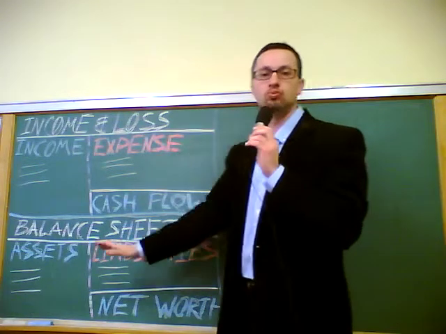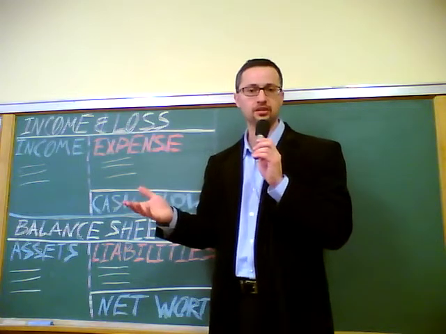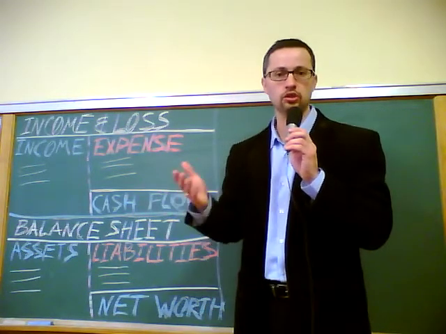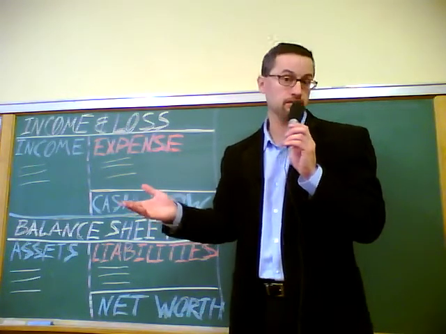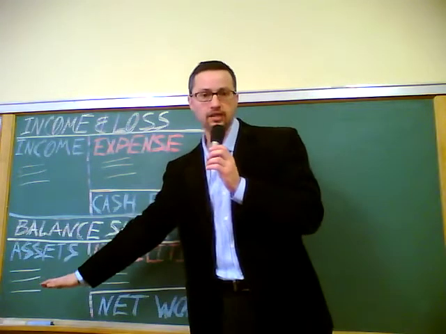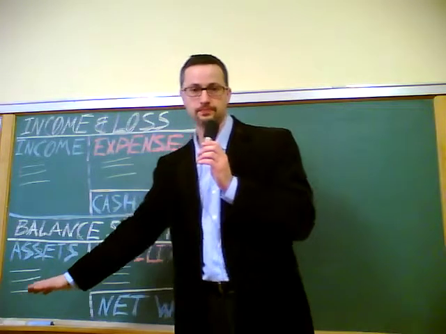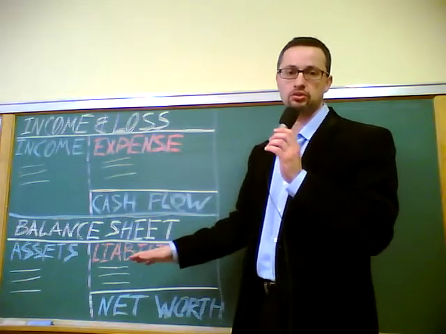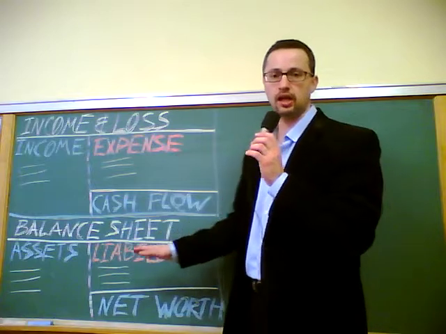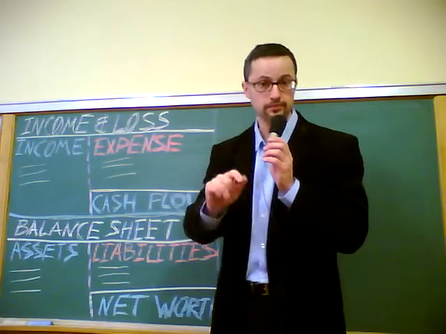Let's talk about what is an asset. Traditionally defined, if you ask your CPA, an asset is something of value that you can own. That asset would go into the asset column right here in the balance sheet. If you have a loan associated with that asset, it'll go into the liabilities column. Okay? Here's the trick.